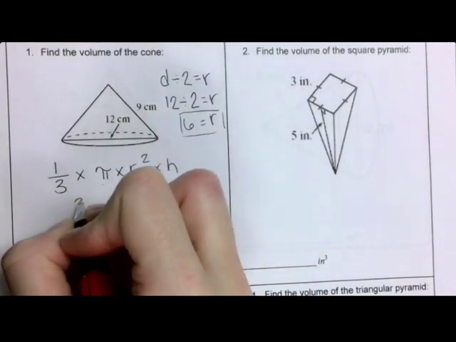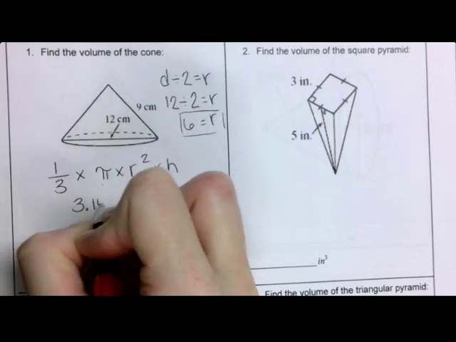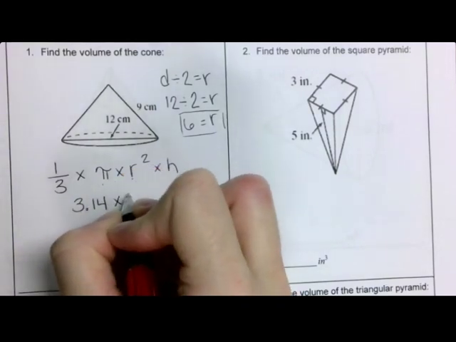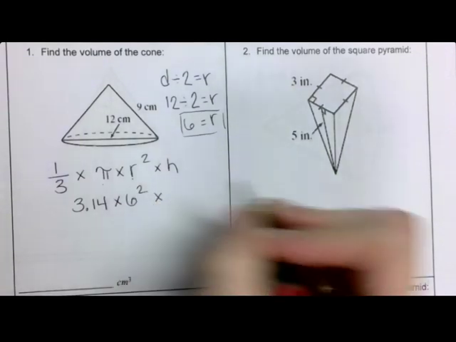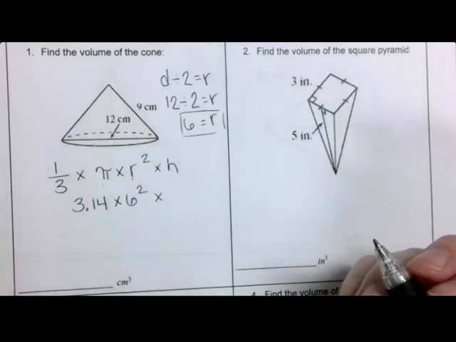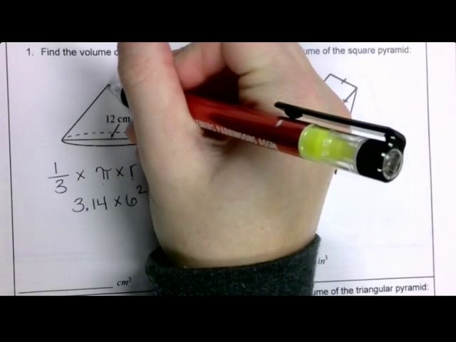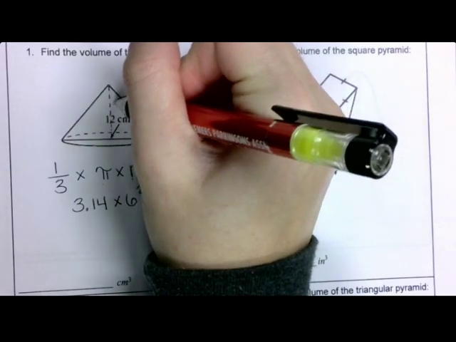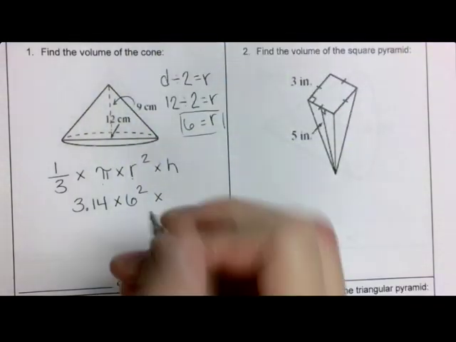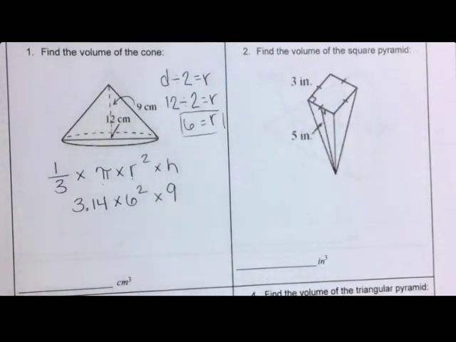We're also going to plug in what we normally do for pi, which is 3.14, times 6 squared, times our height, which they gave us, which is 9.